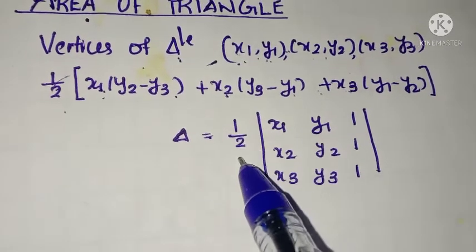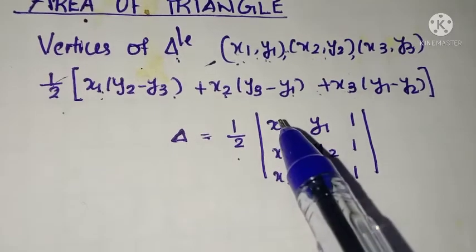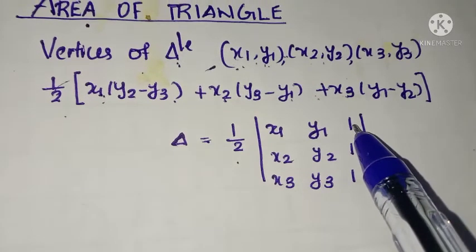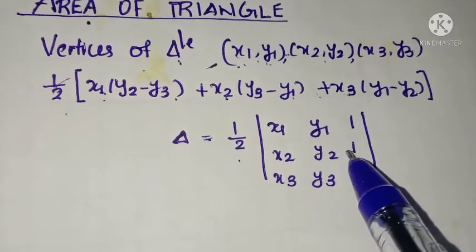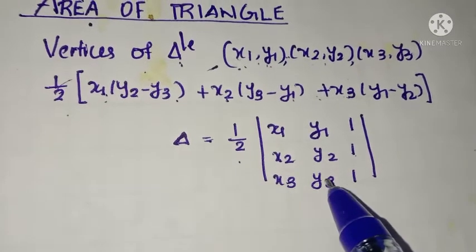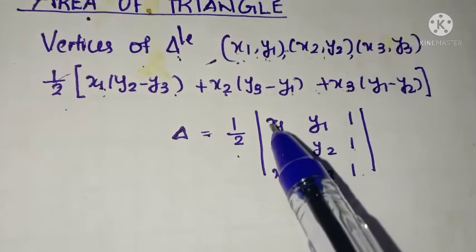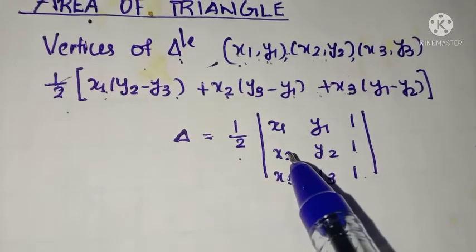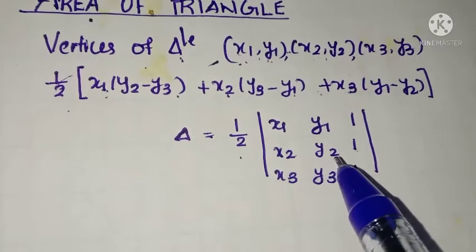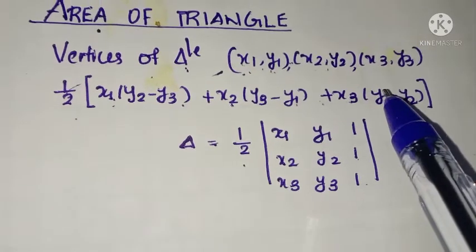That is, half into the determinant with rows x1 y1 1, x2 y2 1, x3 y3 1. If we expand this determinant along the first column, you can see this determinant is the same as the given expression.